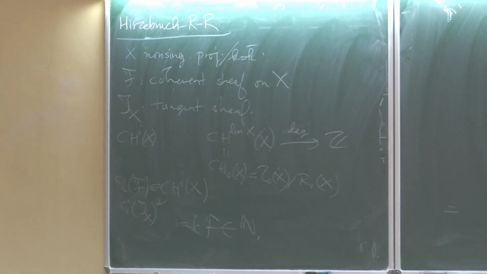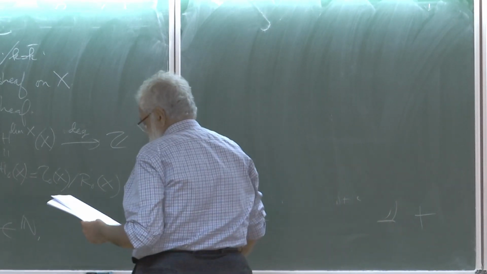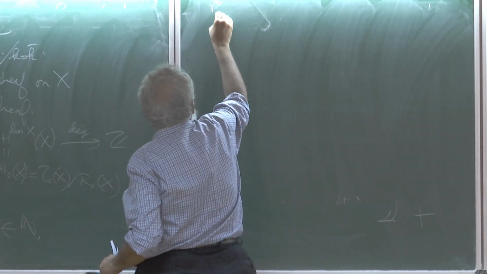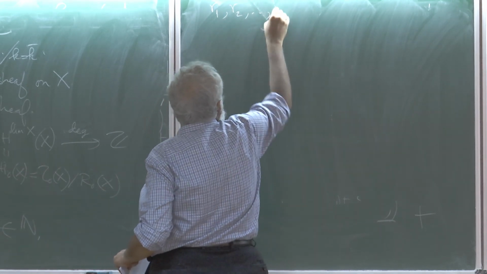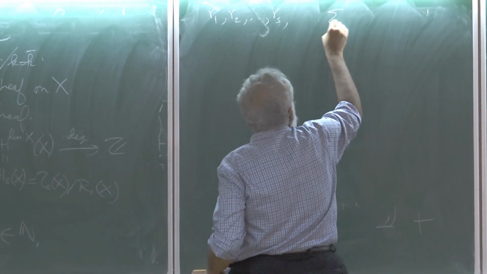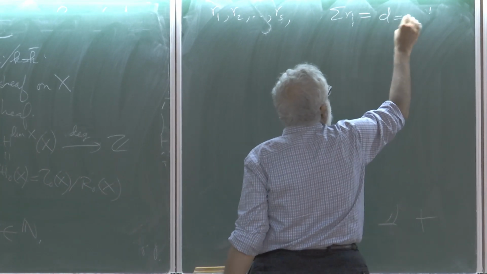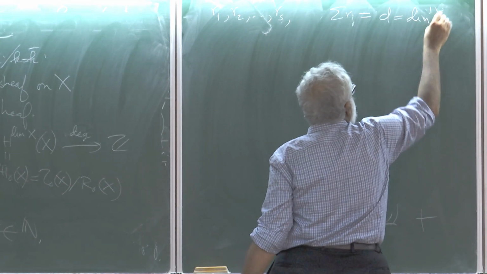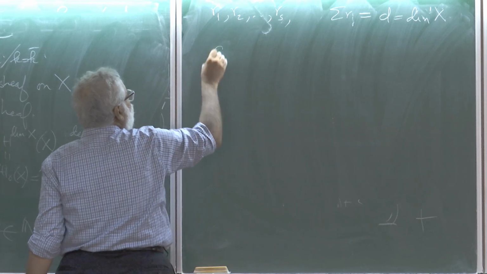Then I can also observe that if I have some positive integers r1, r2, up to rs with the summation of rj equals, let's say, d, the dimension of X, under these conditions I can write an intersection number.